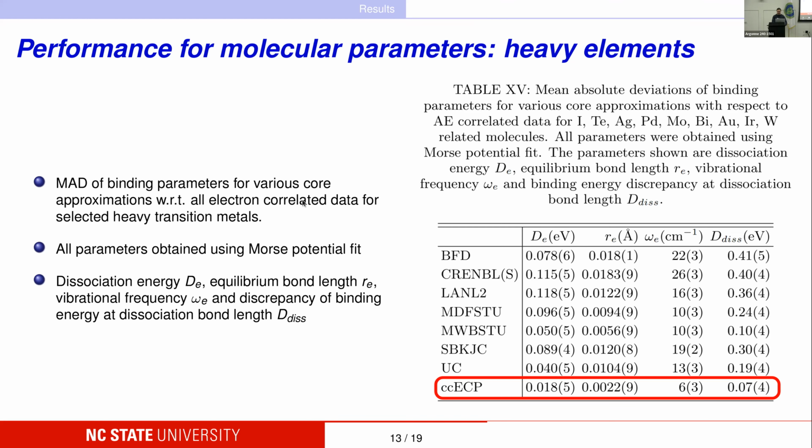Our bond length is within around 0.002 angstroms. And so we've really gotten very close to what we expect when we do all-electron calculations. We're leaving very little on the table in terms of accuracy.